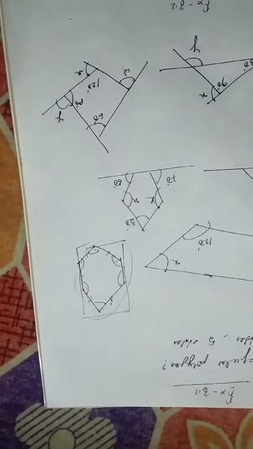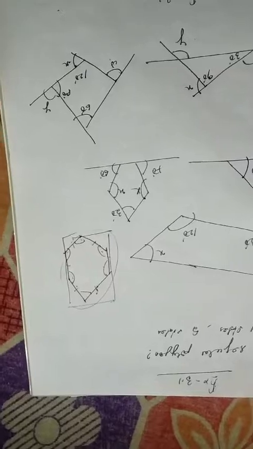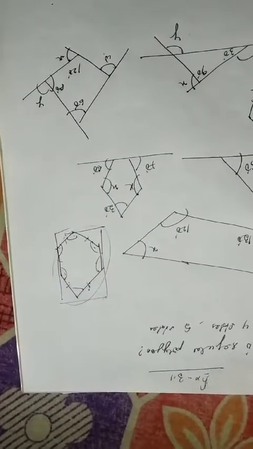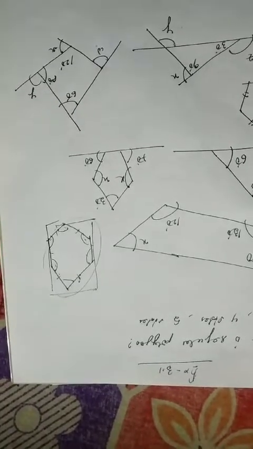So children, if a polygon has five equal sides and five equal angles, what is the name of that particular regular polygon? That is a regular pentagon.